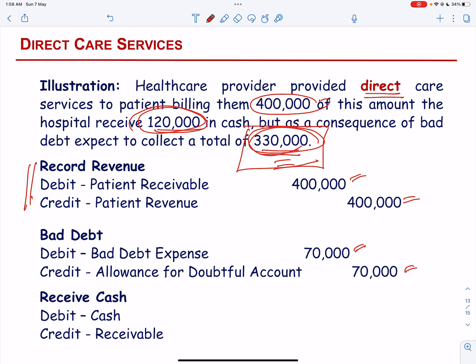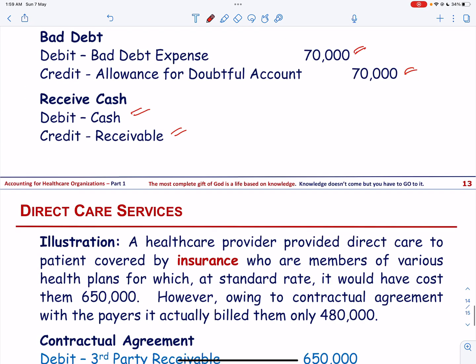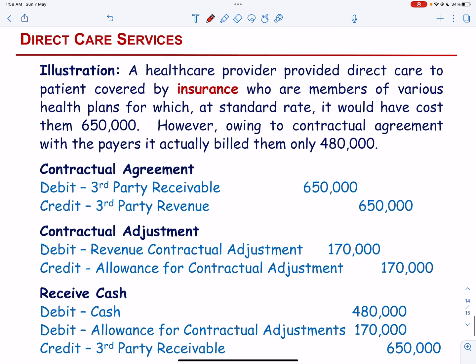We are expecting a zero amount of revenue. So that's why we report it at gross and we write it down. When the hospital will receive the cash, then we are going to debit cash and credit receivable just like any other transaction.